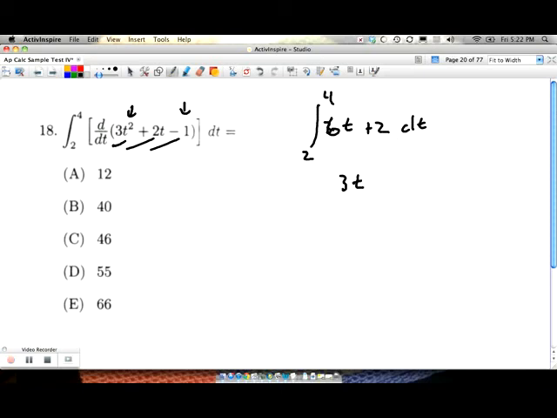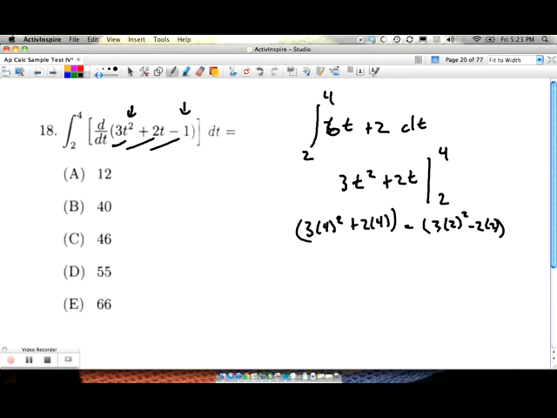So when I take the antiderivative this time, it's going to be 3t squared plus 2t, and then we're going to evaluate it from 2 to 4. So when I plug in 4, it's going to be 3 times 4 squared plus 2 times 4. And then when we evaluate the bottom here, top minus bottom, it's going to be 3 times 2 squared minus 2 times 2.